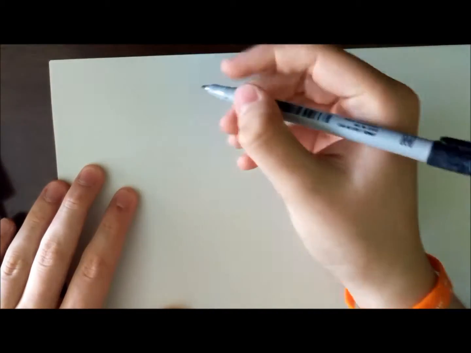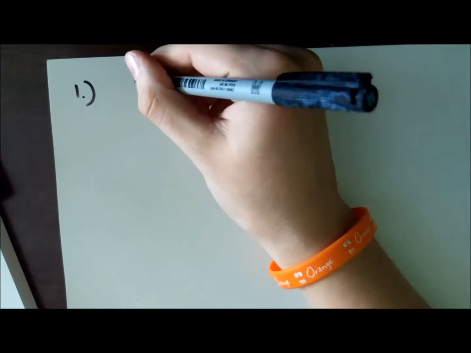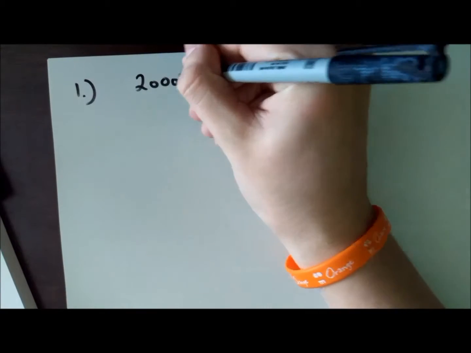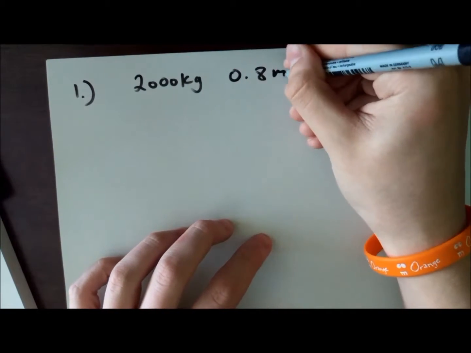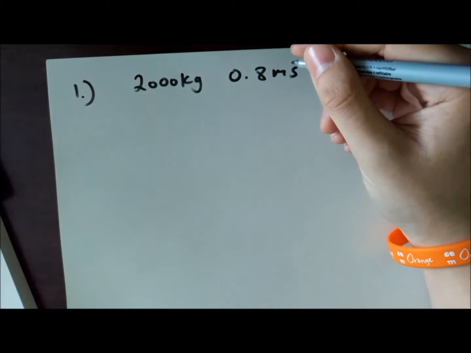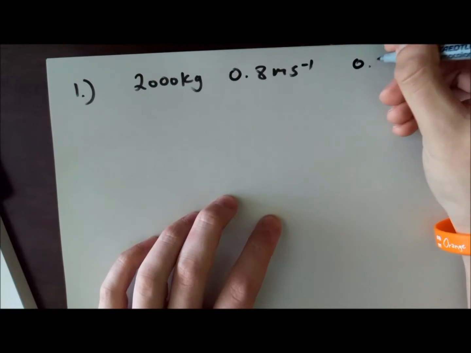So, summary question 1. What we have here is a 2,000 kilogram lorry reversing at a speed of 0.8 meters per second. And the fence will stop the lorry in half a second.